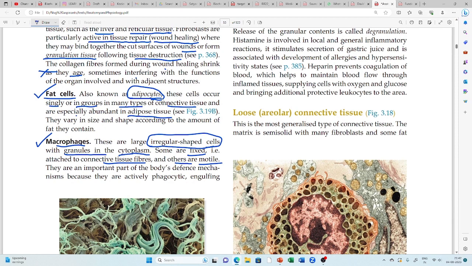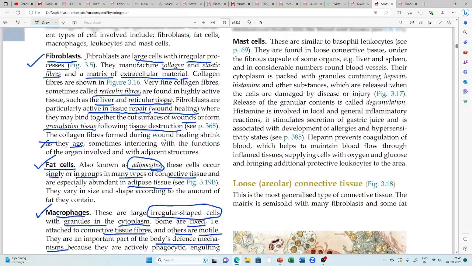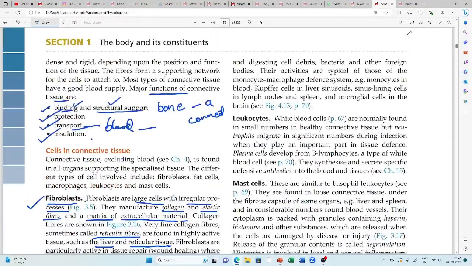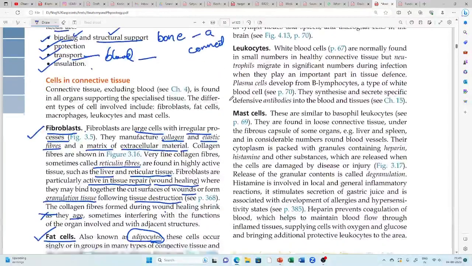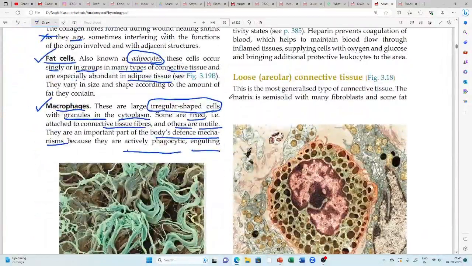Next, they are an important part of the body's defense mechanisms because they are actively phagocytic, engulfing and digesting cell debris, bacteria and other foreign bodies. Macrophages are irregular shaped cells with granules in the cytoplasm.